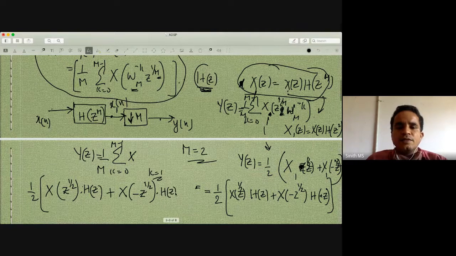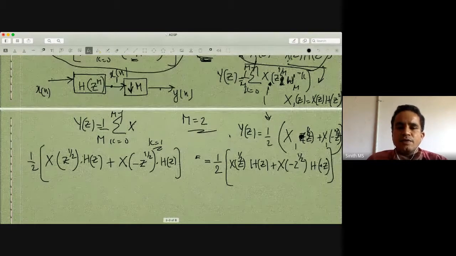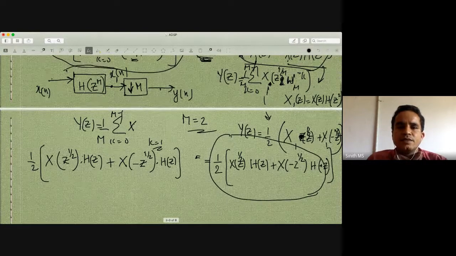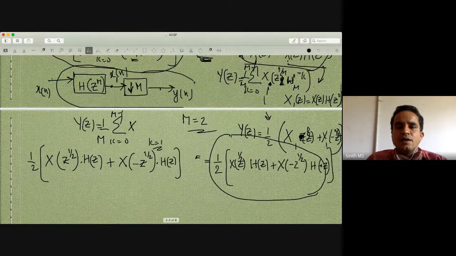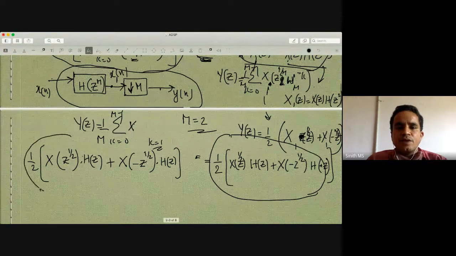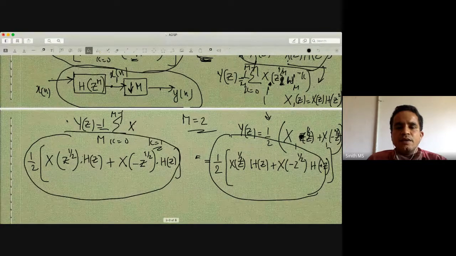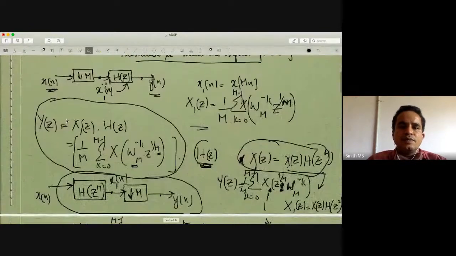So from this, you can see that whatever you have derived here using this setup is same as whatever you have got here, which is using this setup.